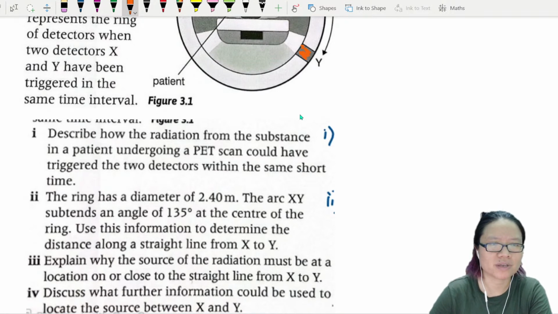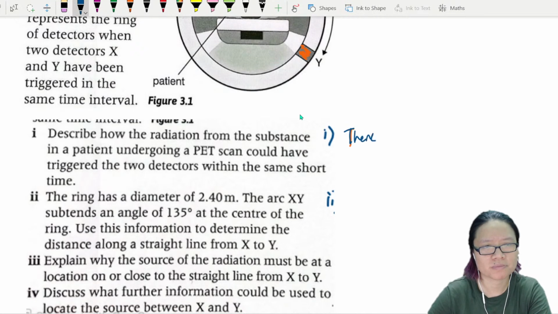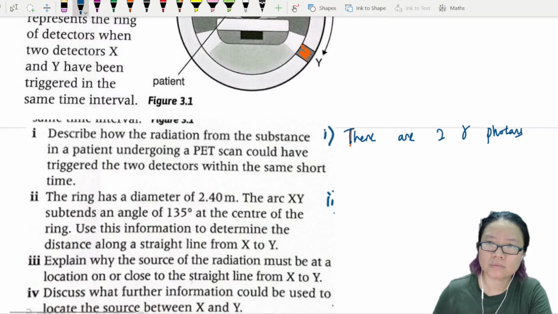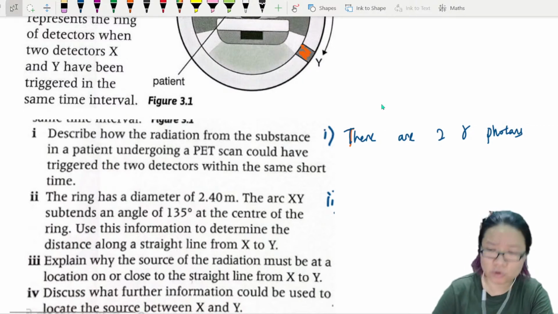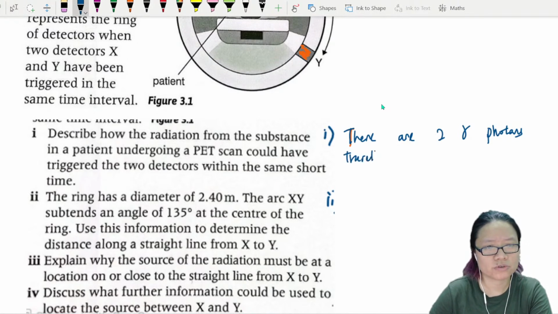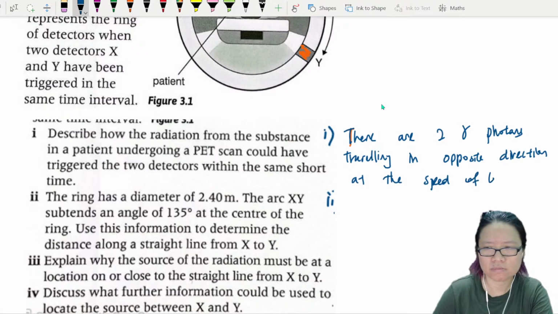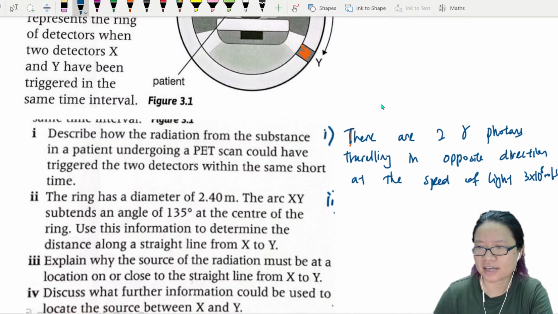Well, number 1, there are 2 gamma photons traveling in opposite direction. And the last time I checked, gamma photons, they are really fast, speed of light. Traveling in opposite direction at the speed of light. Very fast, 3 times 10 to the power of 8 meter per second fast.